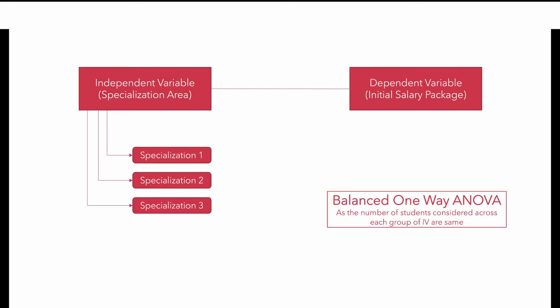So across the three groups, the n is 15 for each. When the scenario is like this, we would call such an ANOVA a balanced one-way ANOVA. That is, as the number of students considered across each group of the independent variable is the same, this test over here would be called a balanced one-way ANOVA.